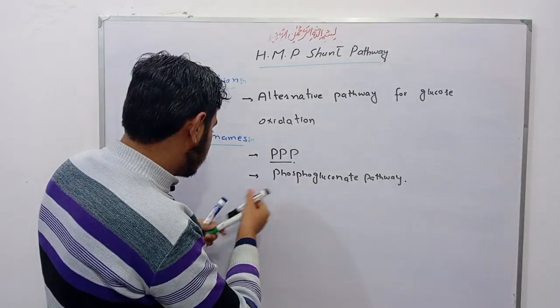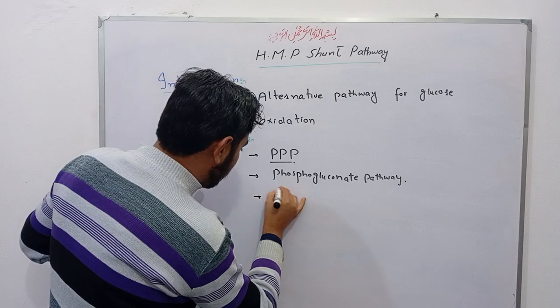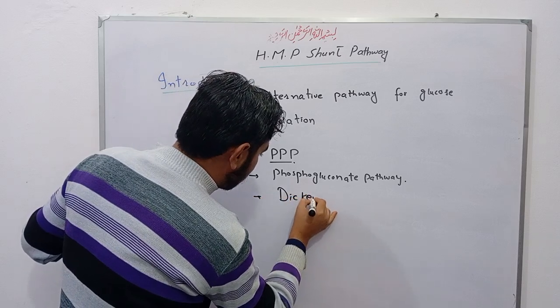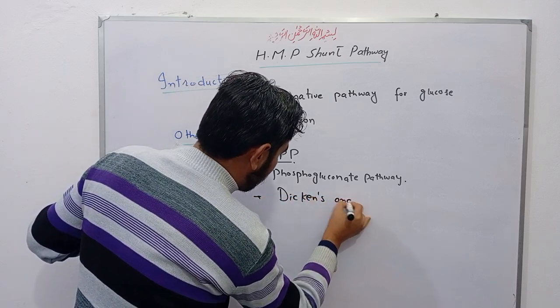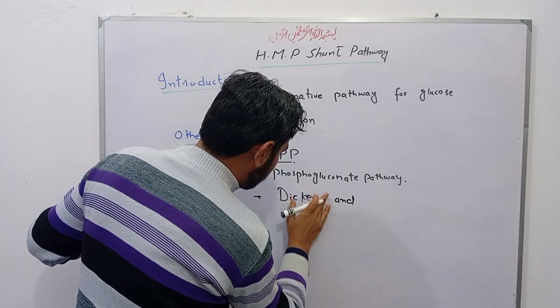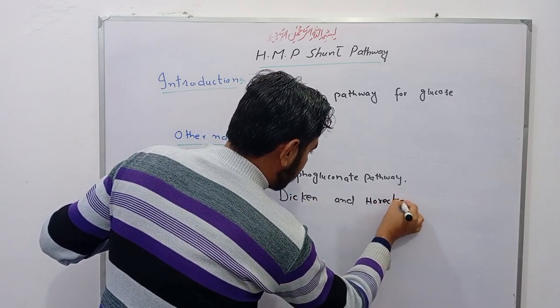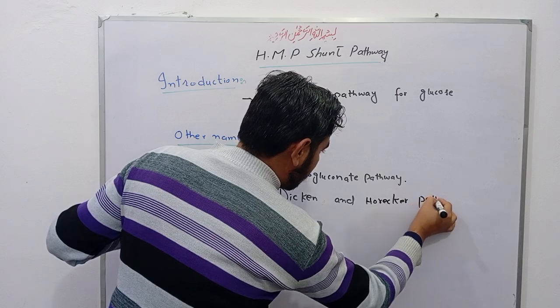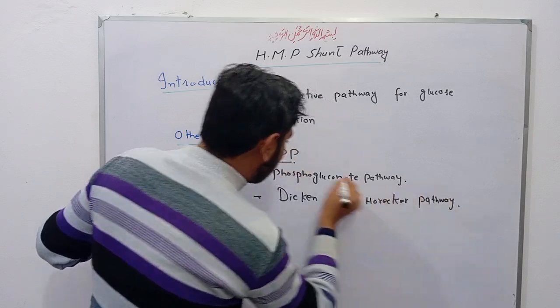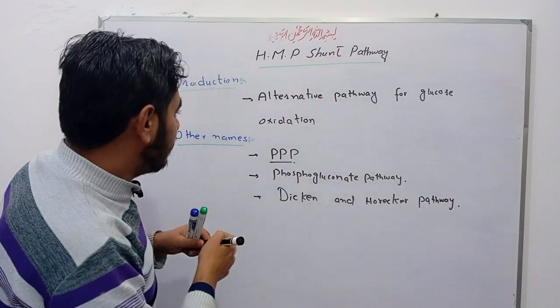Another name is Dickens and Horecker pathway. So these are the other names of HMP shunt pathway.